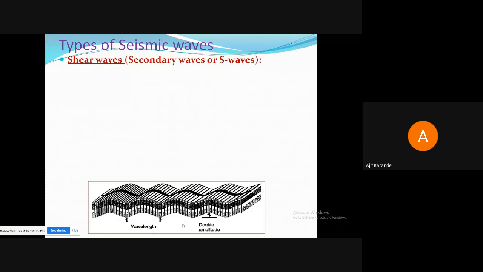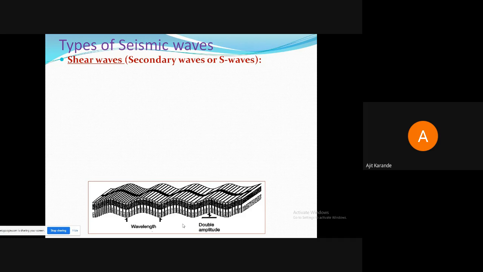The material particles of rock generally oscillate at a right angle to the direction of propagation of these waves. So S waves are vertically and horizontally polarized, and these types of waves are known as SV waves and SH waves: shear vertical waves and shear horizontal waves.